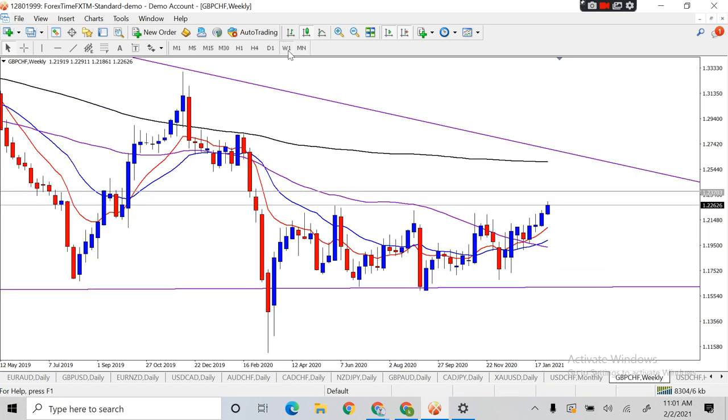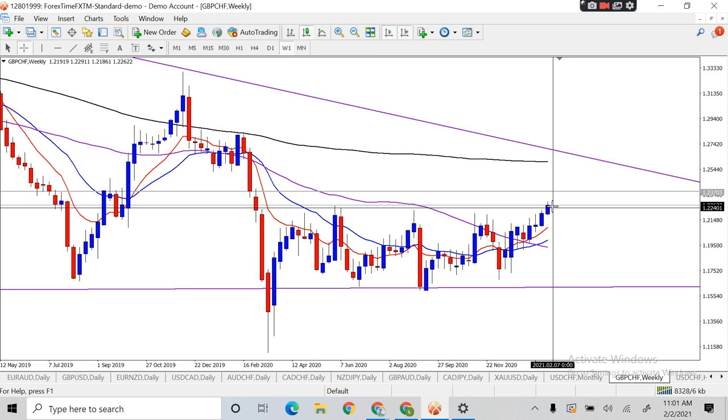Now moving down to the weekly, you've seen that our MA lines have crossed: the 10 and 20 MA have crossed the 50 MA, which could also be referred to as a bullish cross or a golden cross. So I am buy bias on this pair, and I'll be looking for buying opportunities.